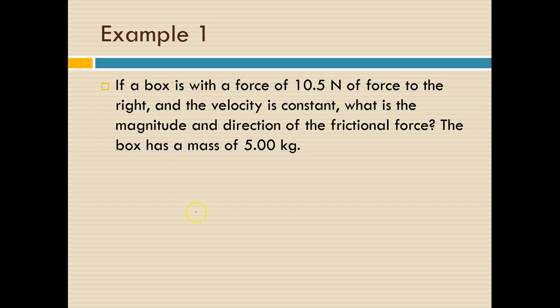All we have to do is draw the box and apply a force of 10.5 newtons. If it is moving with a constant velocity, then the net force has to be 0. Therefore, we must have an equal and opposite force of 10.5 newtons pointing to the left. So we know our frictional force is 10.5 newtons to the left.